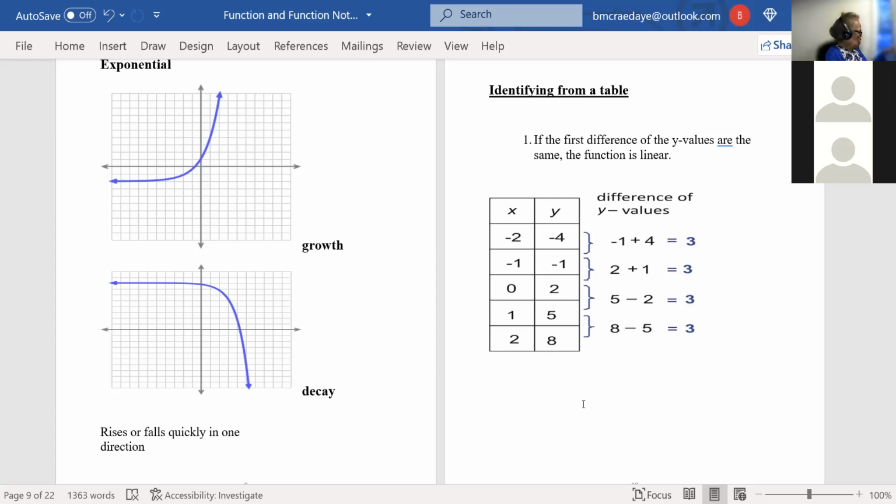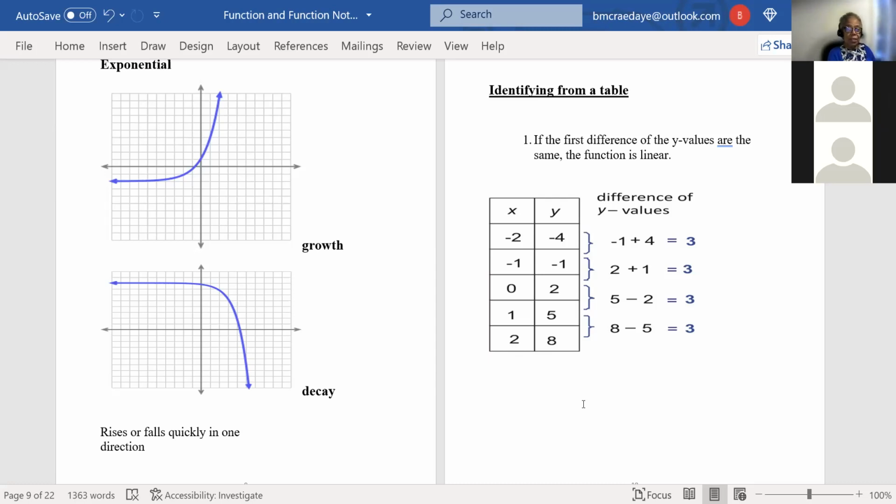Yeah. So you get that this is using the table to determine whether it's a linear function, quadratic, or exponential. I'm going through these and then you're gonna practice them. Yeah, I need to. Okay, then I have some for practice.